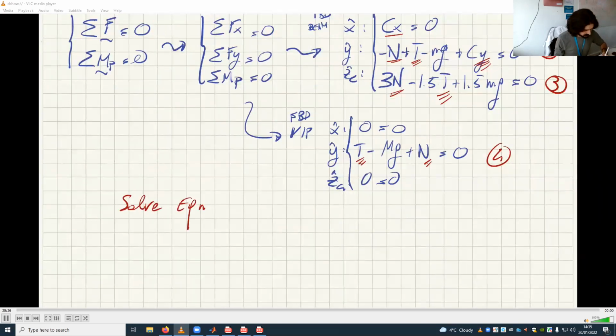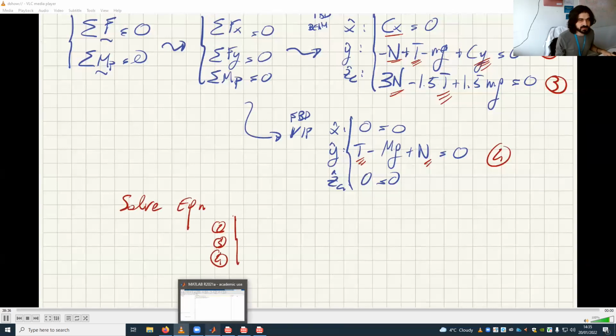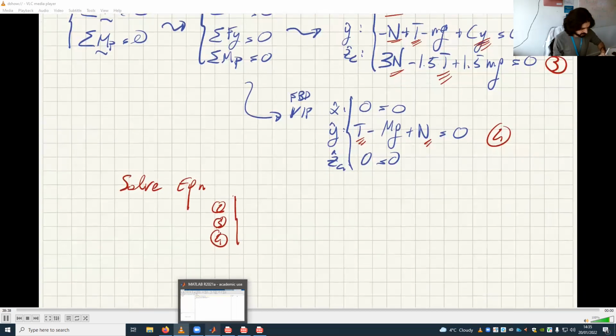I have to use this approach: AX equals B. Do you know how to solve this system, where A is a matrix?